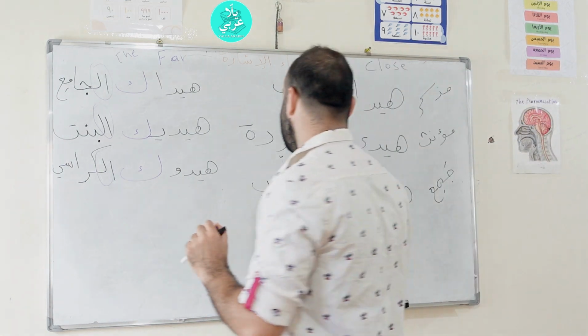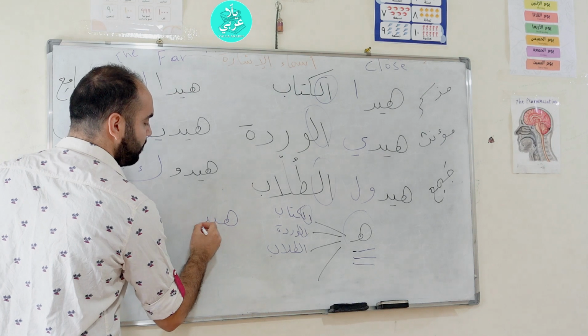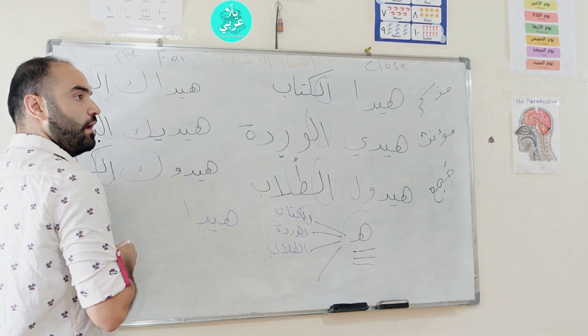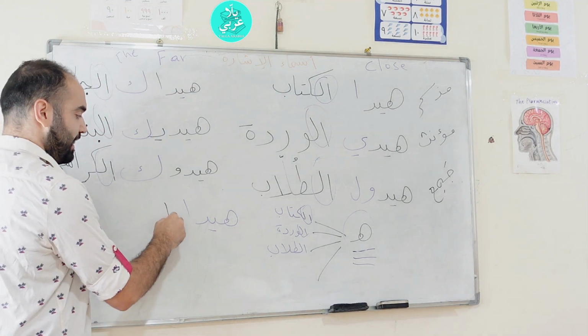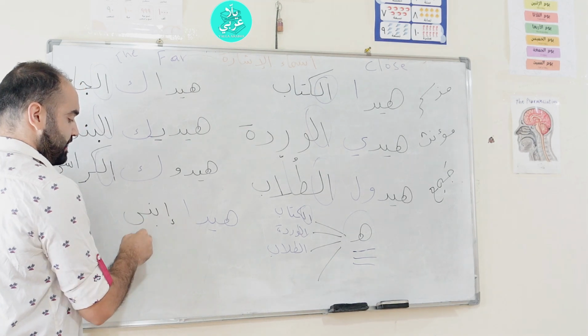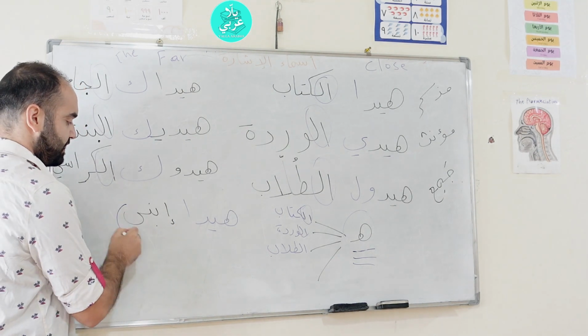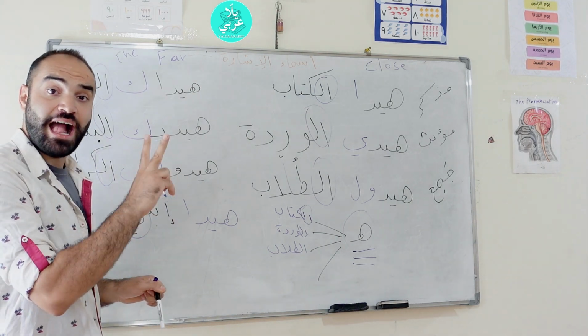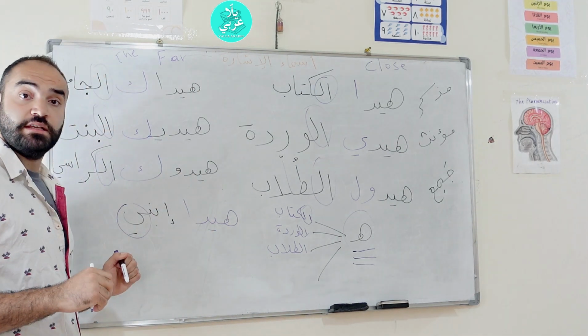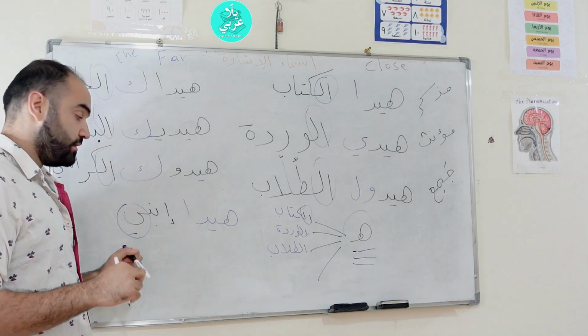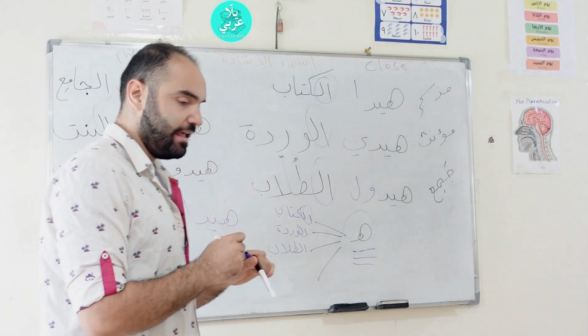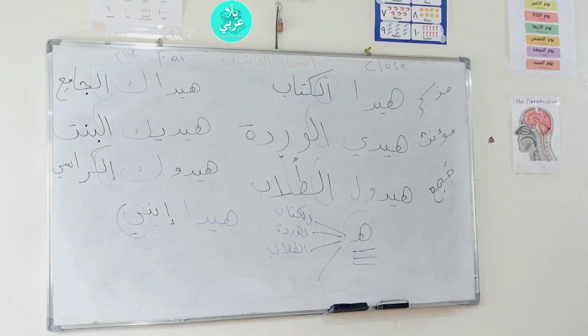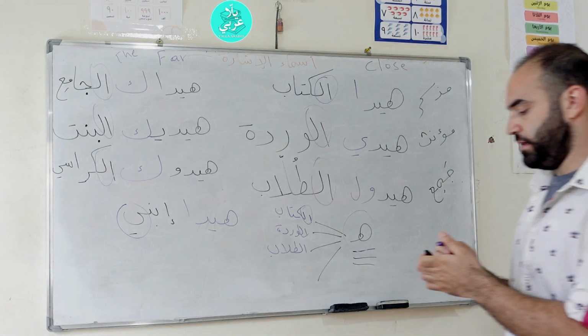I could say هيدا ابني, for example. It's still a noun, right? Because I said my son. There is no ال, but of course there is my, so it's known.